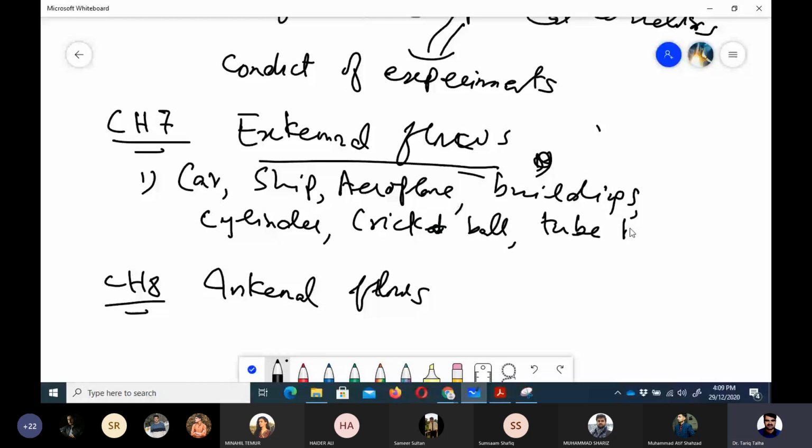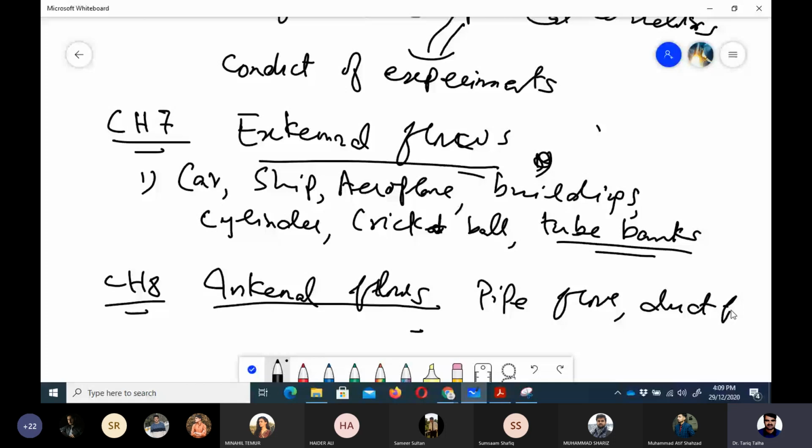There are many cylindrical objects which are arranged in a collection. So that is a tube bank. For the internal flow, we have pipe flow, duct flow, flow inside human veins, inside human lungs, that all come into the category of internal flows.